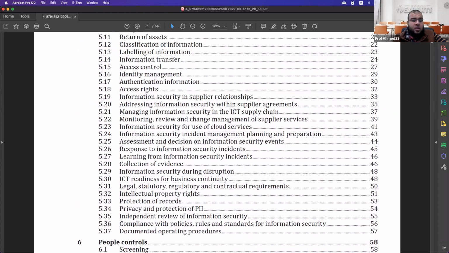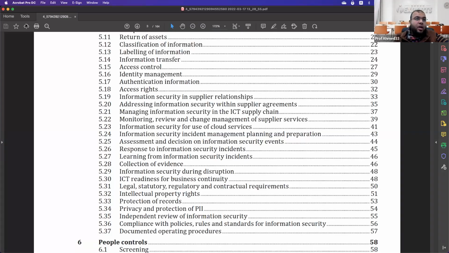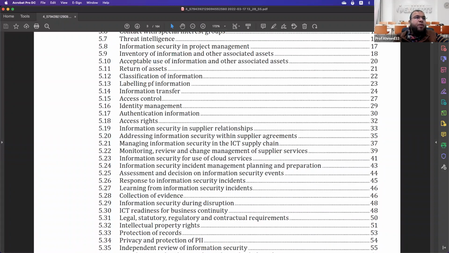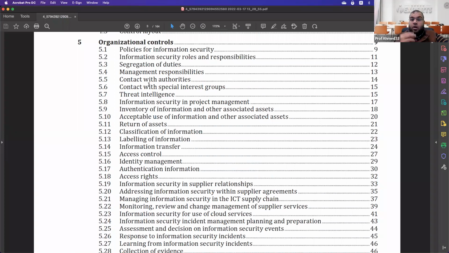These 37 controls are the organizational controls, and they discuss the following. You can see the first is the policies for information security, roles, responsibilities, segregation of duties, management responsibilities, contact with authorities. Because of GDPR, you must have a supervisory authority. You must have a DPO, data protection officer.